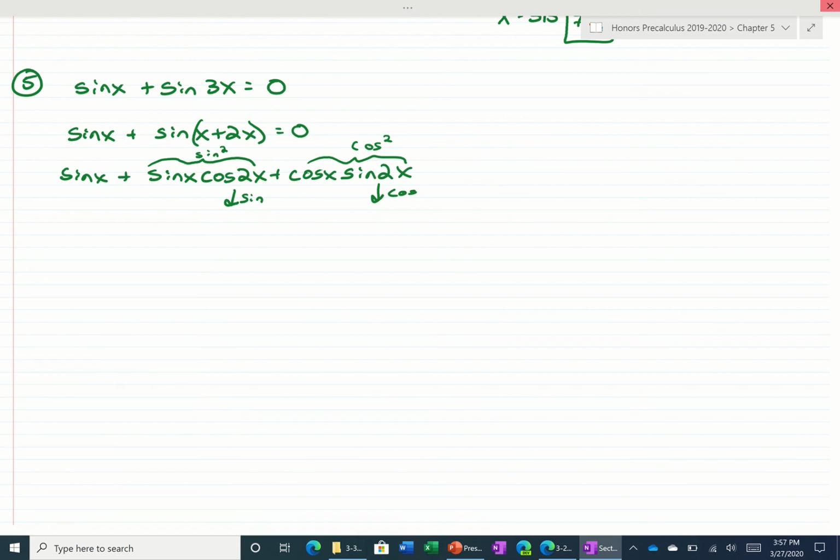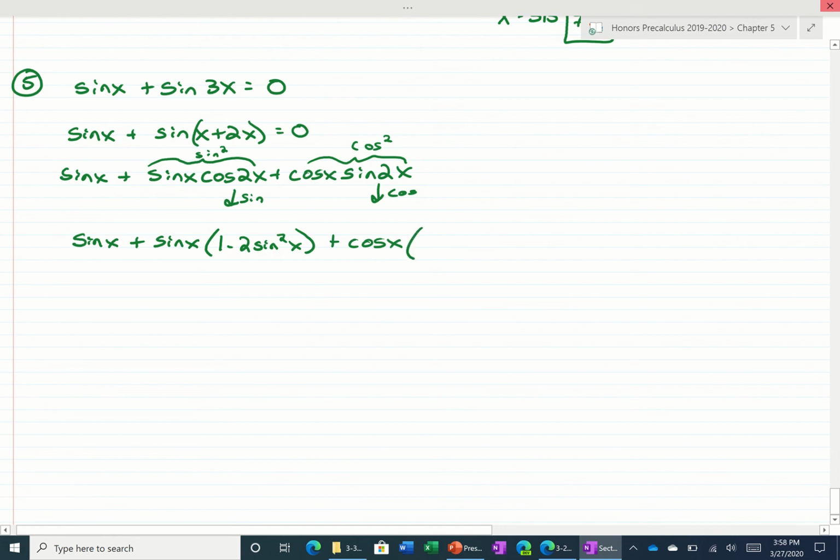So looking at my formula sheet, we would get the sine of x plus sine of x, and cosine of 2x in terms of sine would be 1 minus 2 sine squared of x, plus the cosine of x times sine of 2x would be 2 cosine squared of x minus 1 is equal to 0.